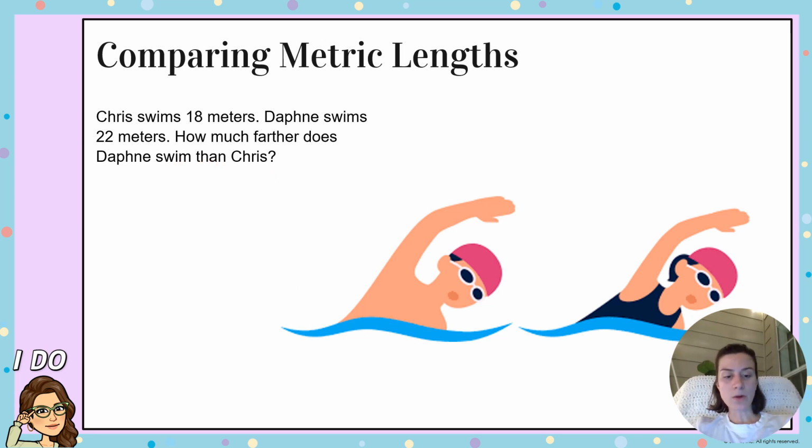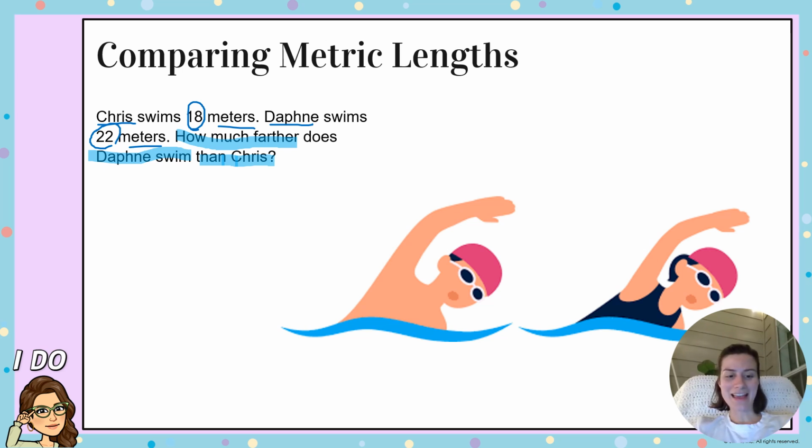Now, first thing we want to do is understand our problem. Let's underline what we've been given. I know that Chris swims 18 meters. I'm working with meters here. I know that Daphne swims 22 meters. My question is, how much farther does Daphne swim than Chris?